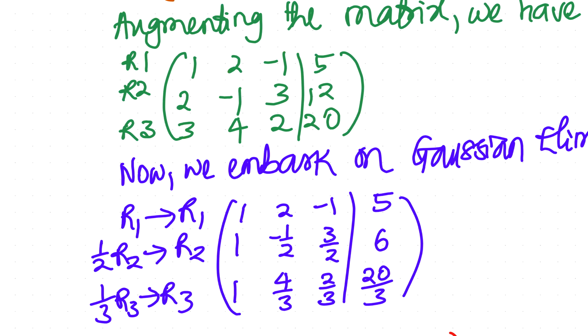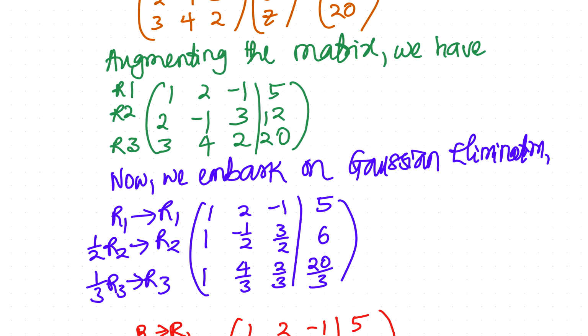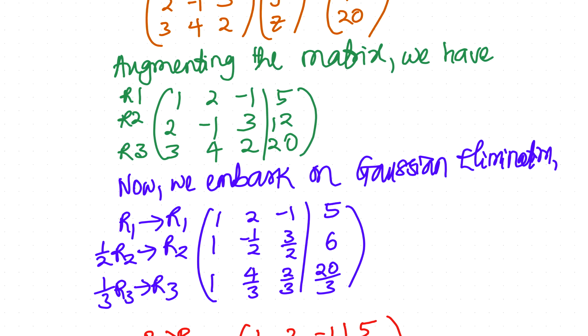So the next thing we are going to do is embark on Gaussian elimination. Like I told you, Gaussian elimination is a step on the way to Gauss-Jordan.